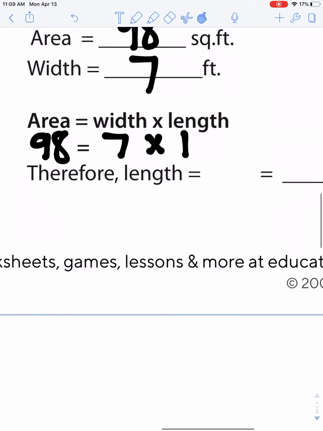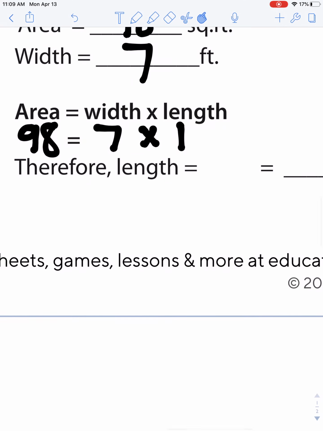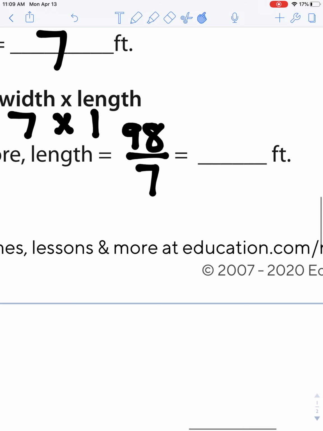Therefore, we are going to use division to solve for the missing length. So 98, the total area, divided by the width 7 will give us our missing length. And again, if you need to type that into a calculator to check your work, you can. It should give you the answer. 98 divided by 7 is 14 feet.